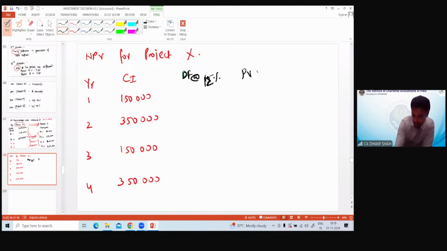And then we calculate PVCI. Can you help me in calculating this PVCI? 150 divided by 1.12. 350 divided by 1.12.